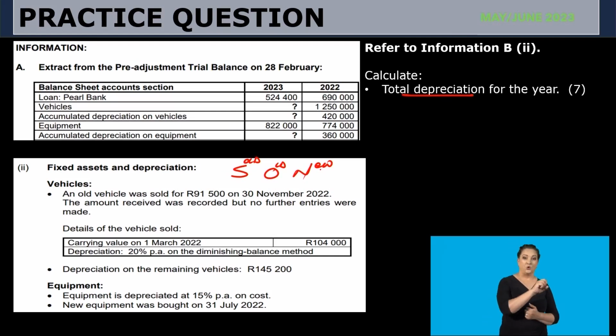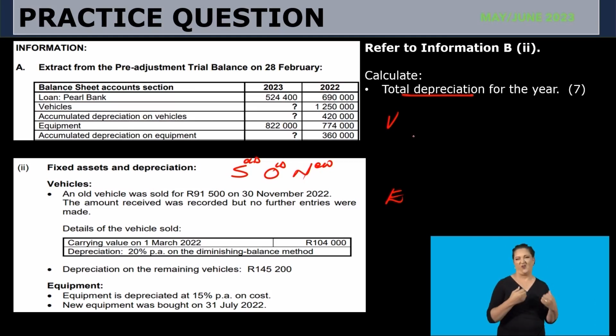Sold, old, and new. Very, very important. But here, we're required to calculate the total depreciation, that is for the year. In other words, we are looking at our total for vehicles and our total for equipment.